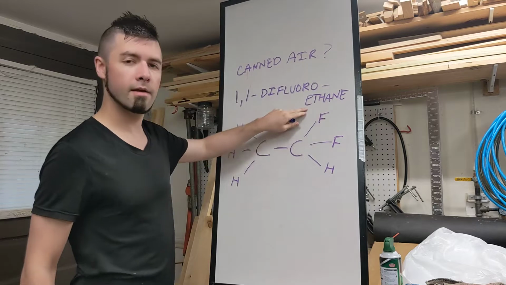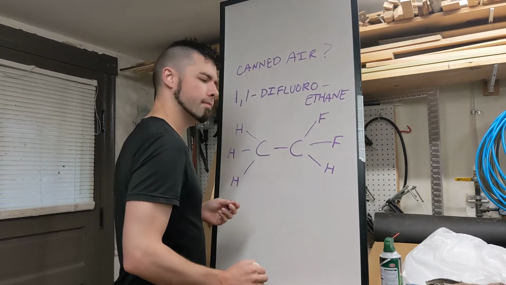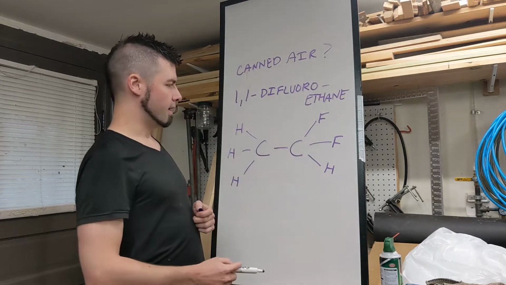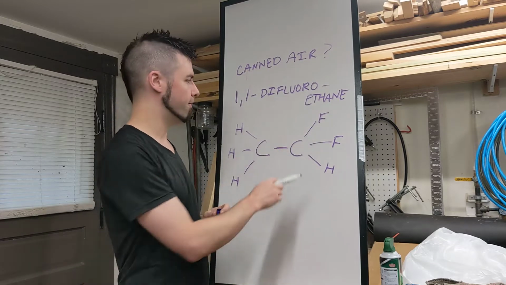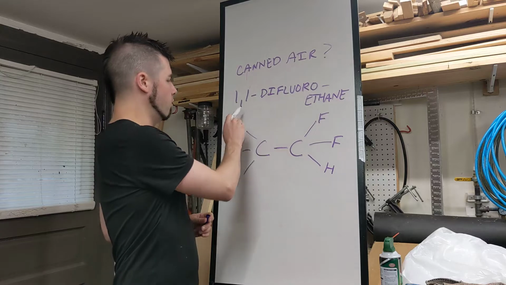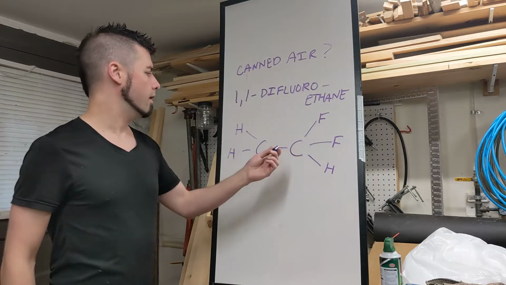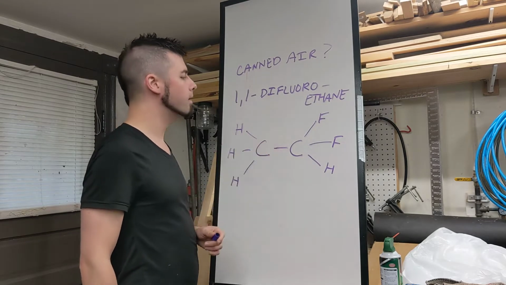So ethane is C2H6. That's the chemical ethane. What we've done to ethane is we have replaced two of the hydrogen atoms with fluorine atoms. And they sit at the 1,1 position in this molecule on carbon number 1 or carbon 2, depending on how you flip it.